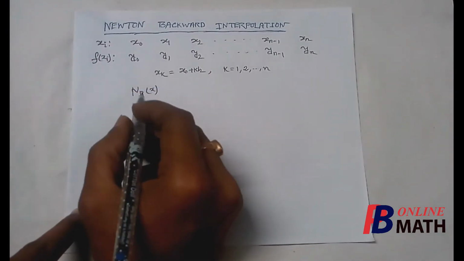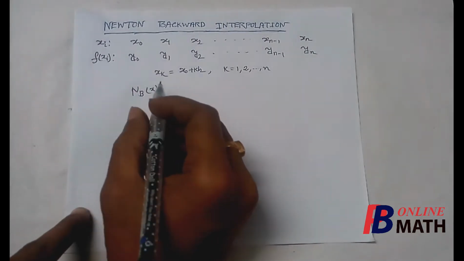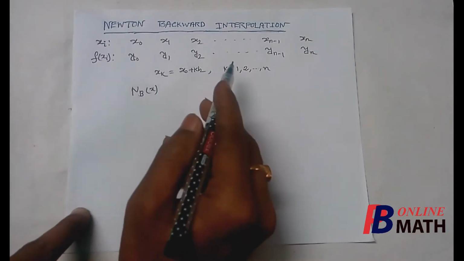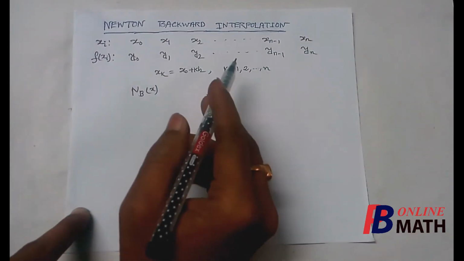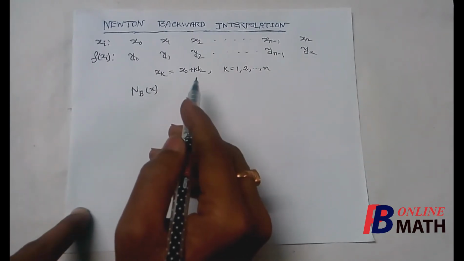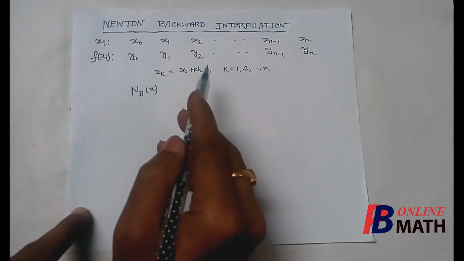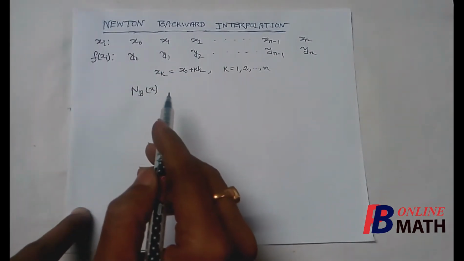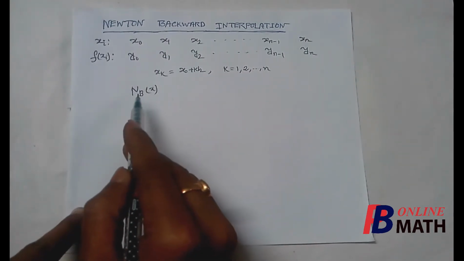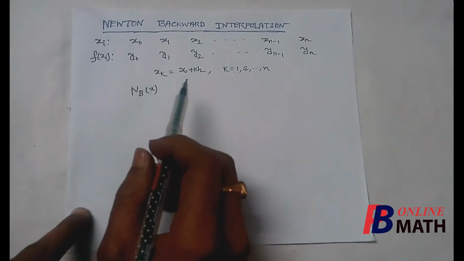B for backward. We shall find a polynomial Nb(x) of degree less than or equal to n, as there are n plus 1 entries given. With these n plus 1 entries, we can find at most n plus 1 coefficients, and a polynomial of degree n has n plus 1 coefficients. So we shall find a polynomial of degree at most n that satisfies all these n plus 1 data.